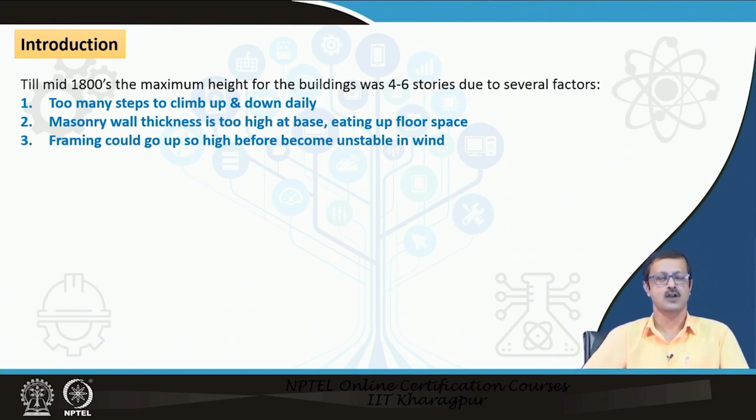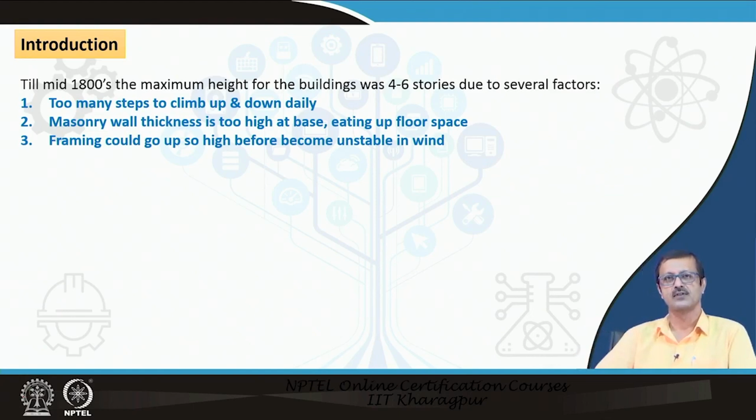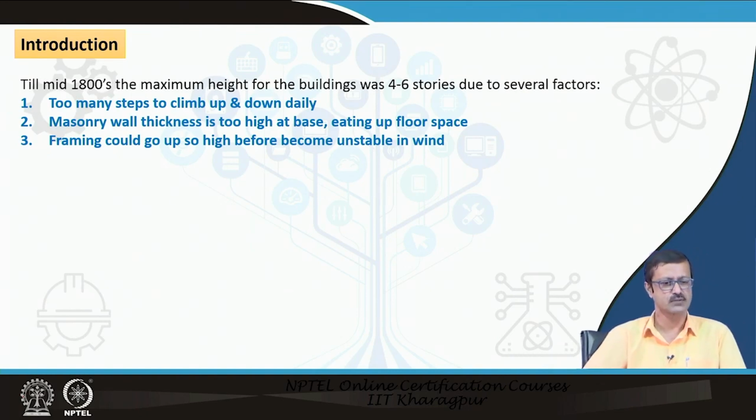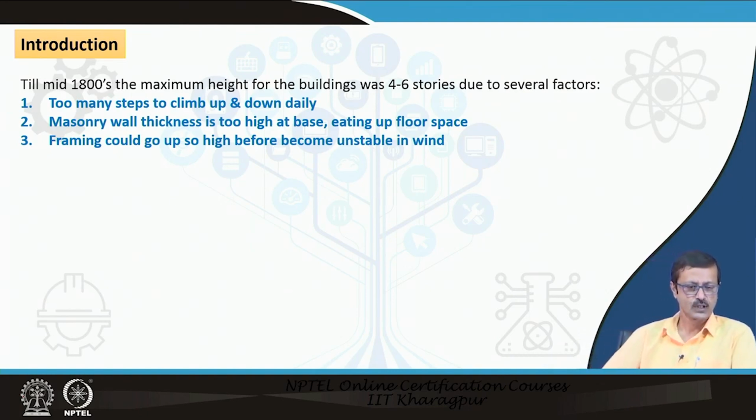That is another issue. Not only the ground floor, if you go 10 floors with a load bearing structure, even from the 5th floor onwards, the thickness of the wall will be too high.